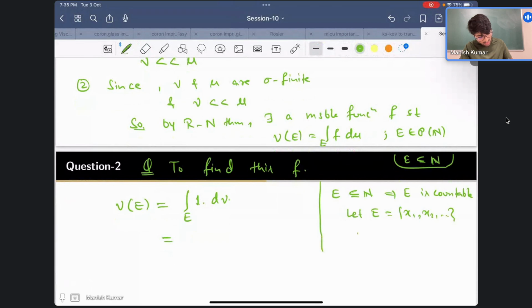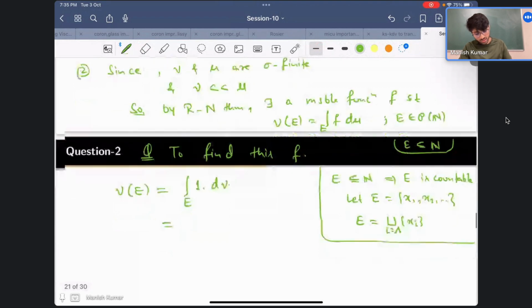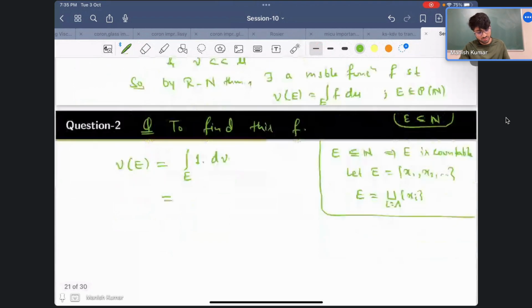So my main point is that E I can write as a disjoint union of xi's, with i belonging to some index set, finite or infinite. So I can partition E in this way, and write this as the sum over i belonging to the index set of the integral over xi, or instead, xi belonging to E, of 1 dν. I hope so far it's fine.